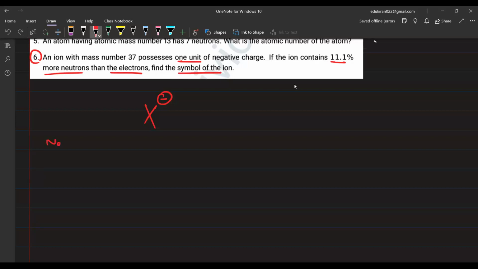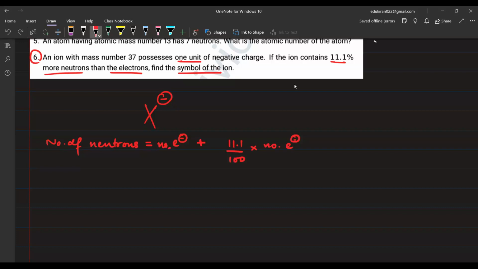So number of neutrons is equal to, it contains 11.1% more neutrons than the electrons. Okay. So we have number of electrons, plus we have 11.1%. 11.1 means 11.1 divided by 100 into the number of electrons. Correct? Yes or no? This is the meaning, right? Yes.